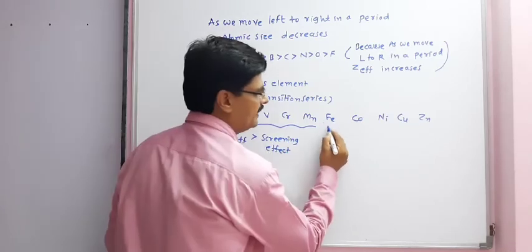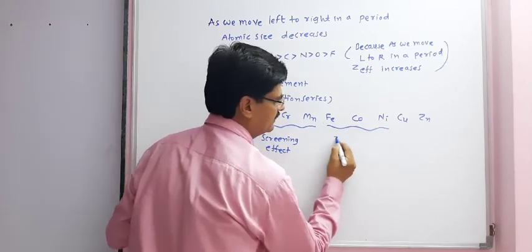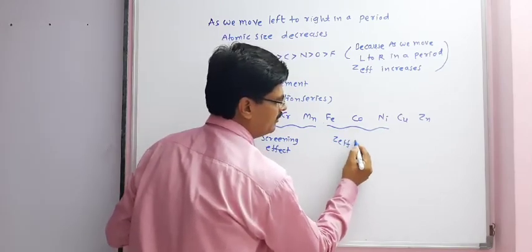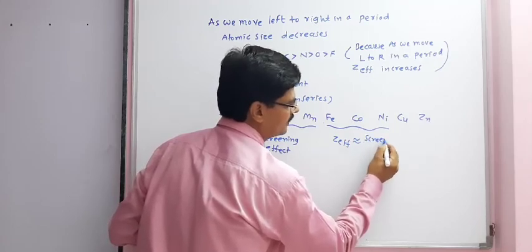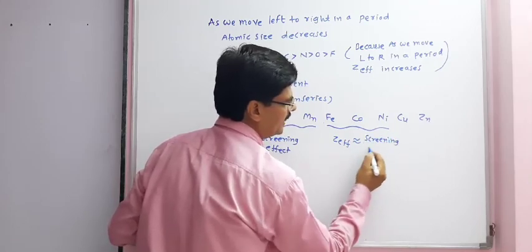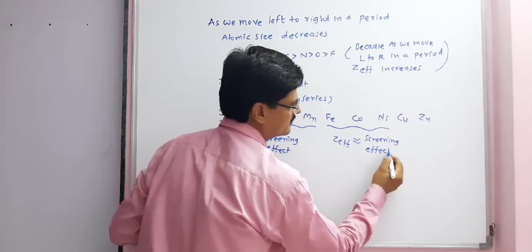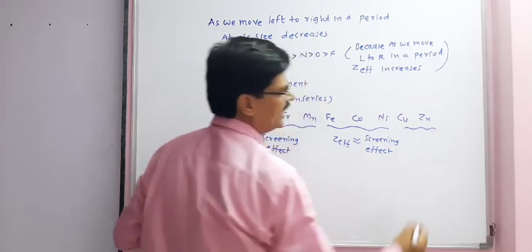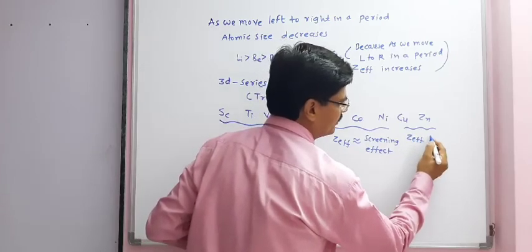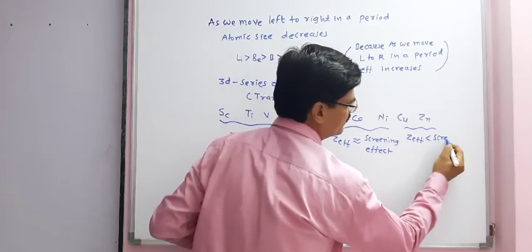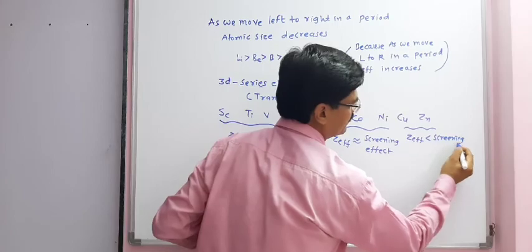But for Fe, Co and Ni, effective nuclear charge is nearly equal to screening effect, and for Cu and Zn, Z effective is smaller than screening effect.